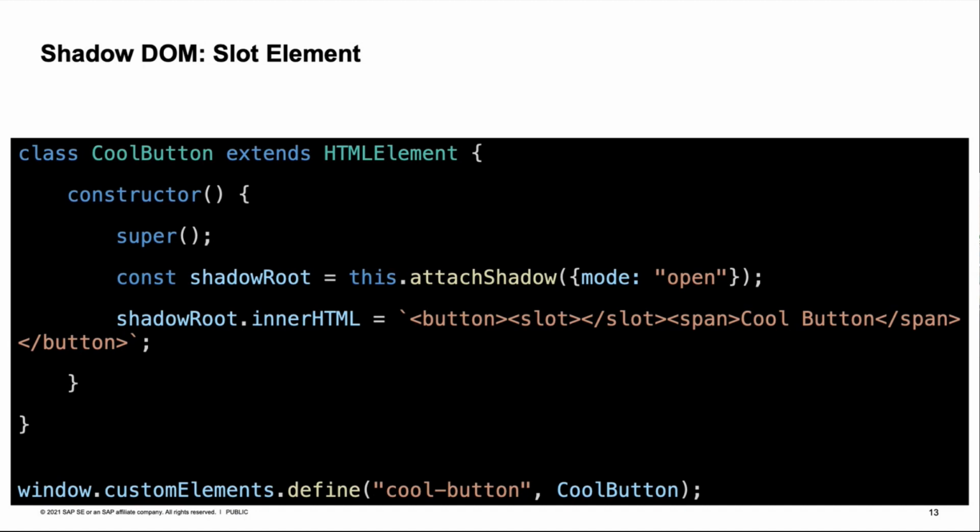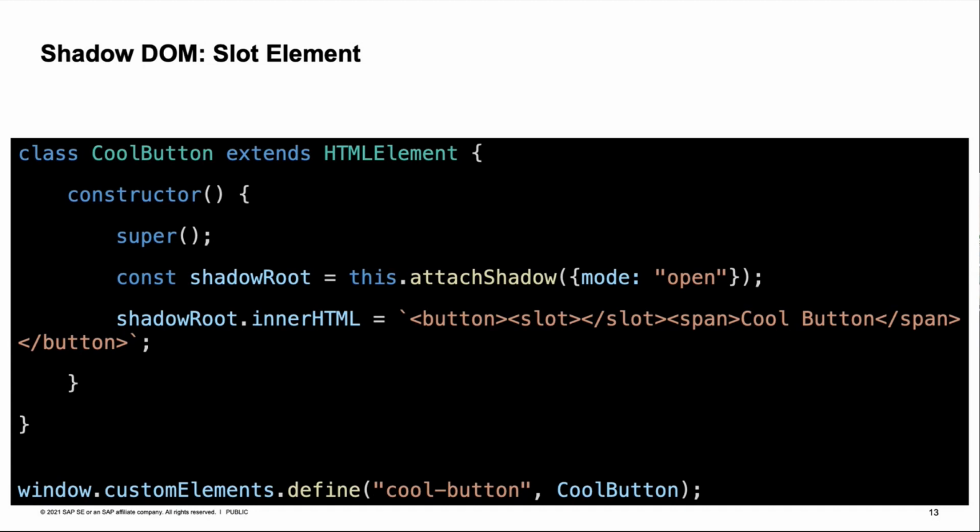And now some content that is passed from the developers will be placed inside of this slot element. So basically, an element might have 0 slots or 1 slot or even more than 1 slot, but there must be only one default slot. If you have more than one slot, the other slots should be named with some names.